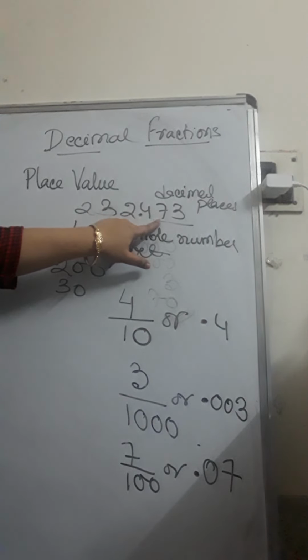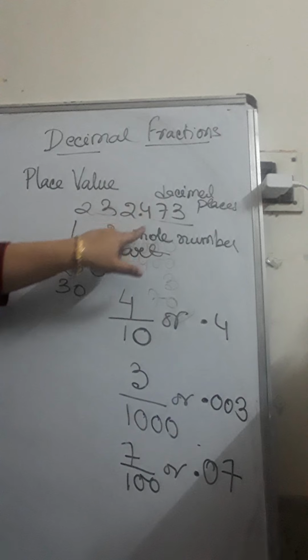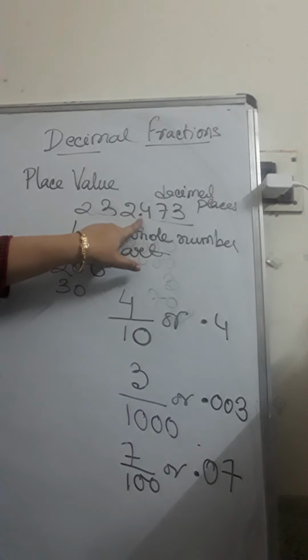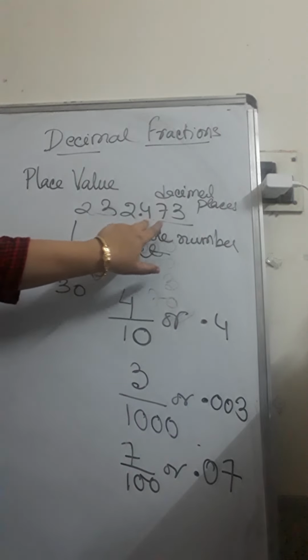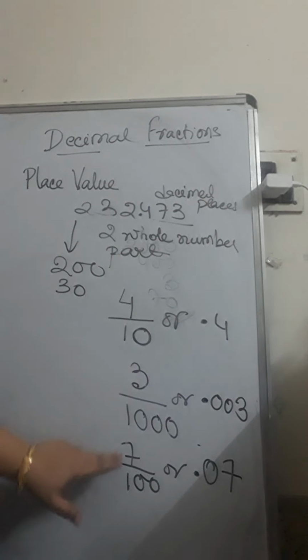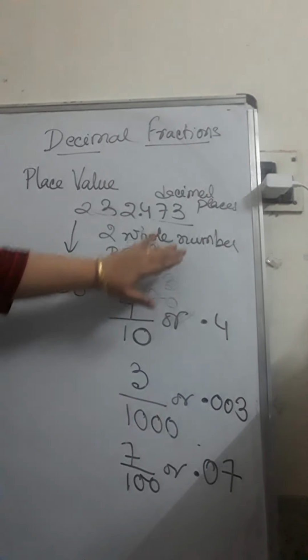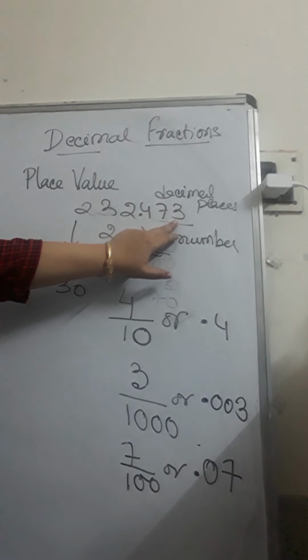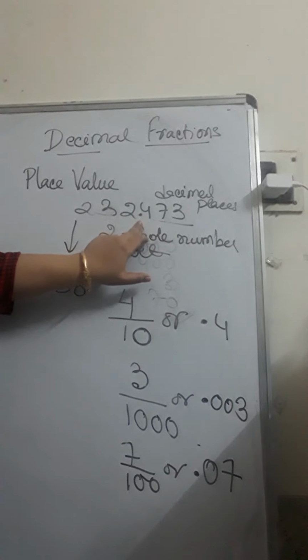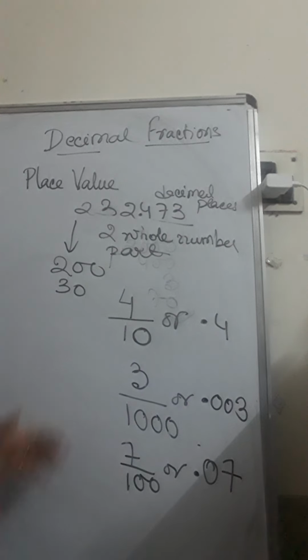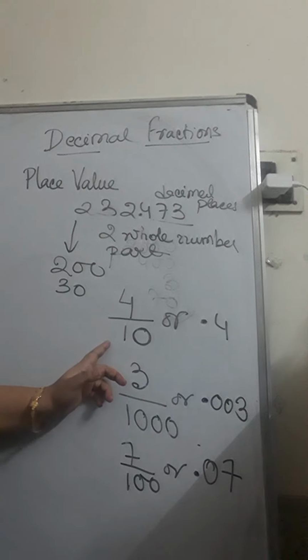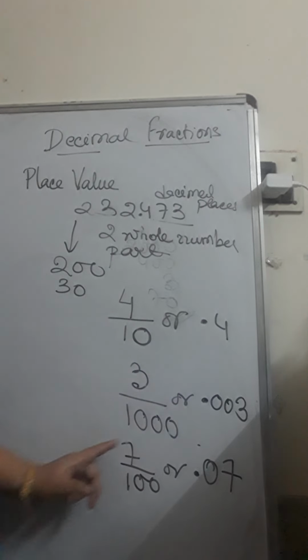You change it into a fraction: 7 divided by, for the point you take 1, moving 2 steps, so 7 by 100. For 3, what will be the place value? Write 3 on top and change it into a fraction: 3 divided by, for the point you take 1, moving 3 steps, so 3 zeros. You just write it in fractional style, and that is also the place value. Or you can change the numbers to their respective decimals, and that is also the place value.